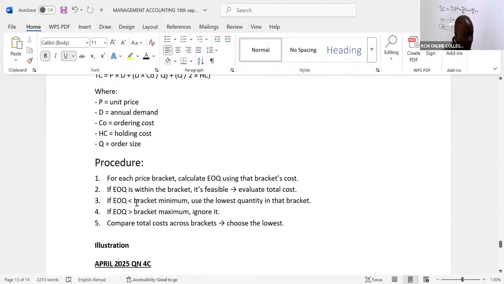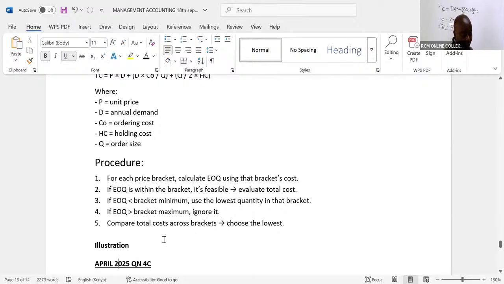If EOQ is less than the bracket minimum, use the lowest quantity in that bracket. If EOQ is greater than the bracket maximum, you ignore it. Then you compare the total cost across brackets, and we shall always choose the lowest.